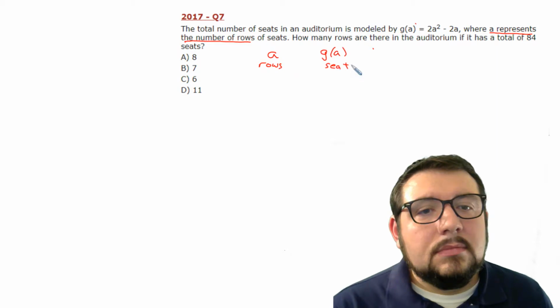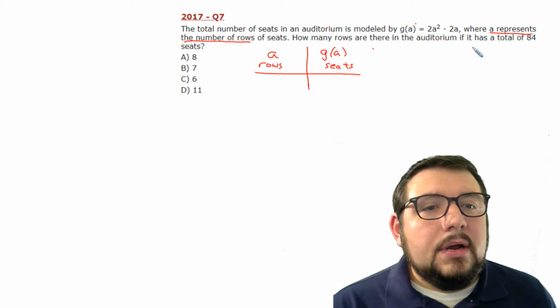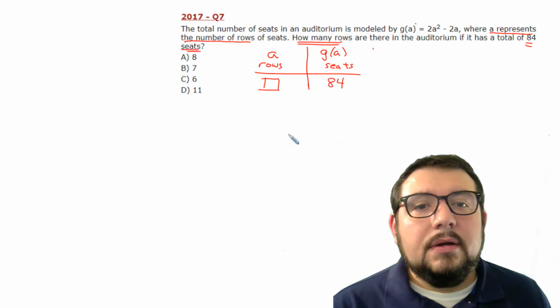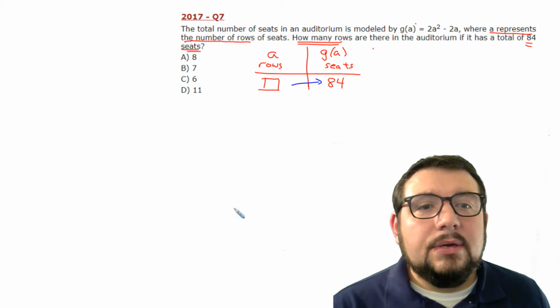And once again, we are interested in how many rows. So we need a number that goes here. How many rows are there in the auditorium if it has a total of 84 seats? So there are 84 seats, and we're going to put that 84 right there. So we need a number that will produce the number 84 for our function.